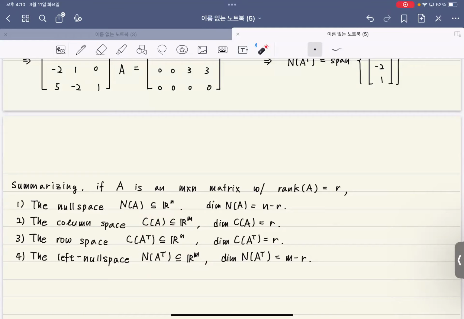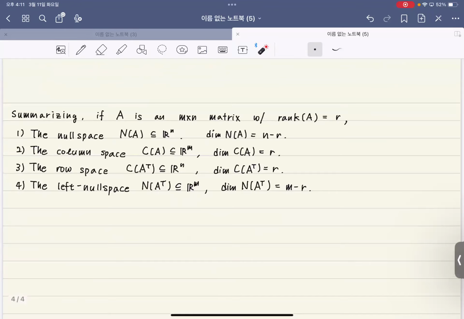If you can find one of these two spaces, then you can find the other. By the way, those two spaces are subspaces of the same Euclidean space, right? So how are those two related? This is a very interesting question.